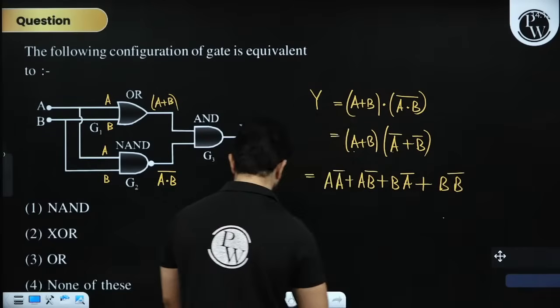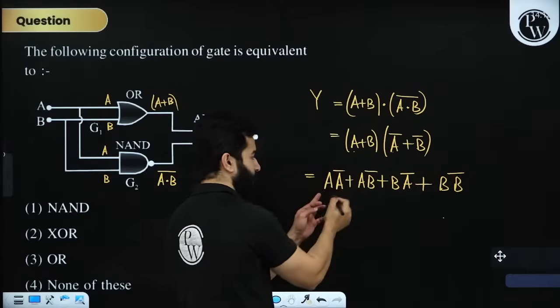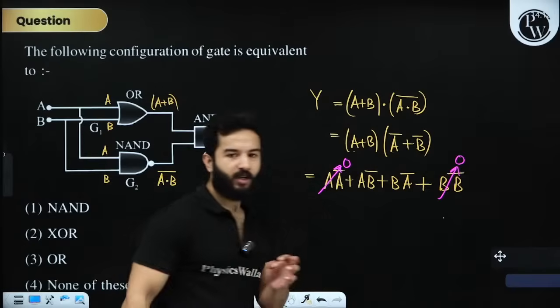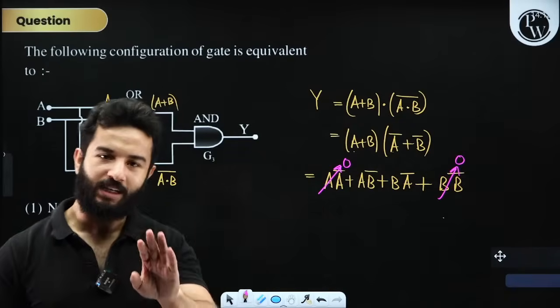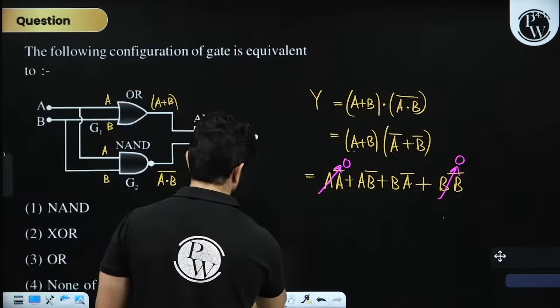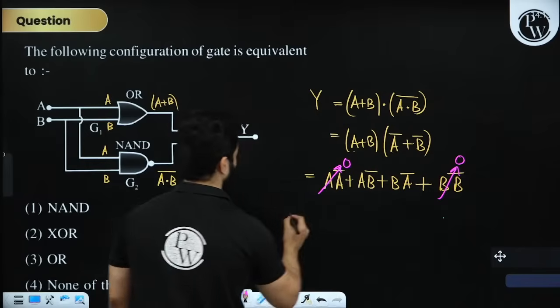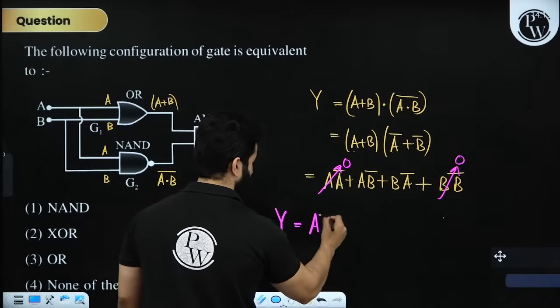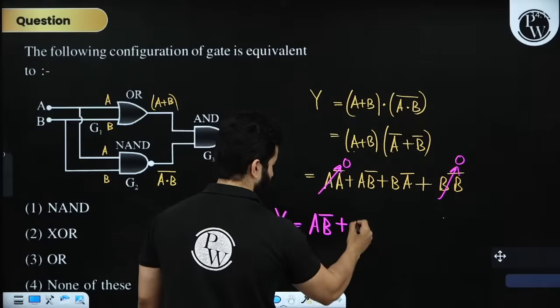Now please note, my dear friends, whenever you're going to have something like this, this will become 0. This will also become 0, right? Because A times A bar means that either it is 0, 1 or 1, 0. It will become 0, right? So finally you are getting Y equals A times B bar plus B times A bar.